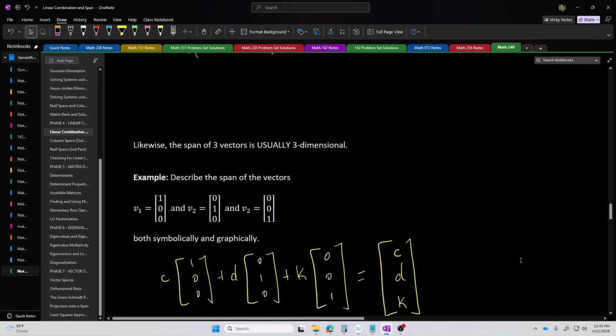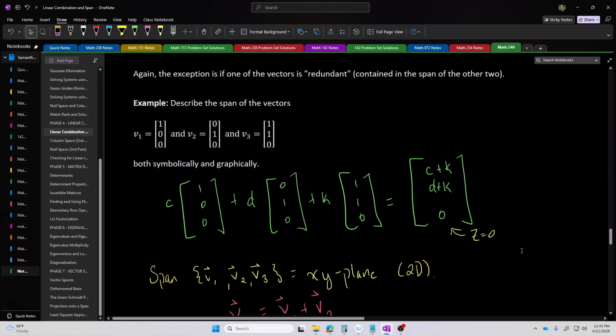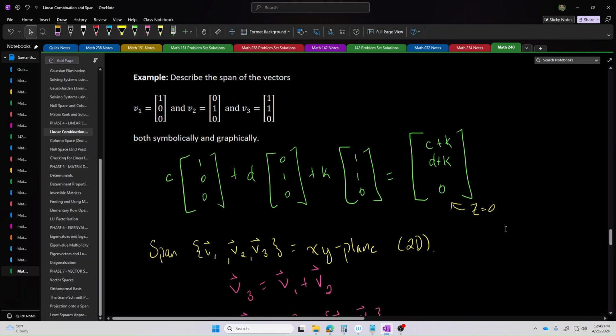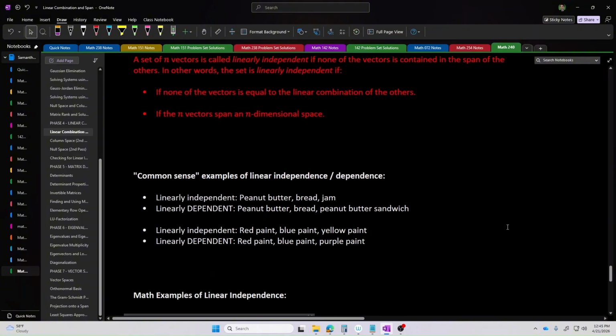So if you're in a situation where one of your vectors can be constructed by combining the other two, we say that vectors in that situation are linearly dependent. Whereas if there's no redundancy between the vectors in your set, those vectors are said to be linearly independent.